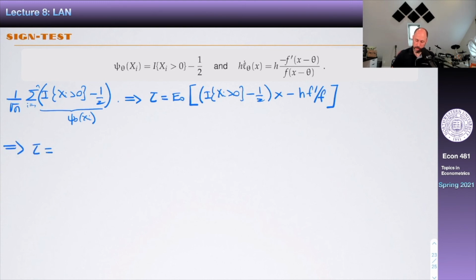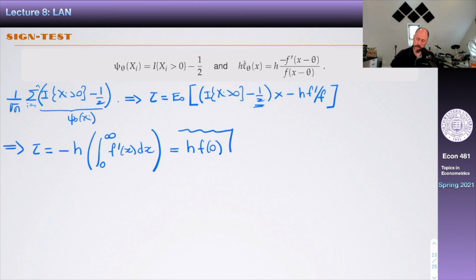So tau is negative h, and the half here disappears because the expected value of the score is 0. So I can just deal with the first term. And this is going to be the integral from 0 to infinity of f prime of x dx.